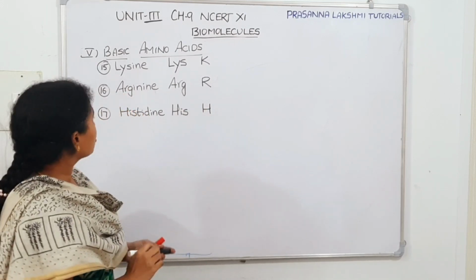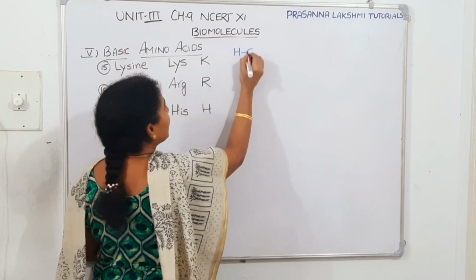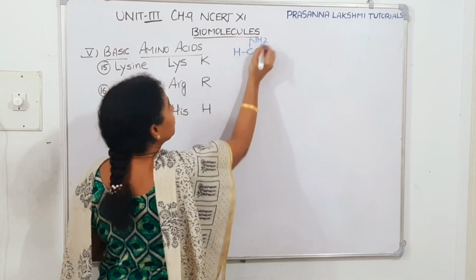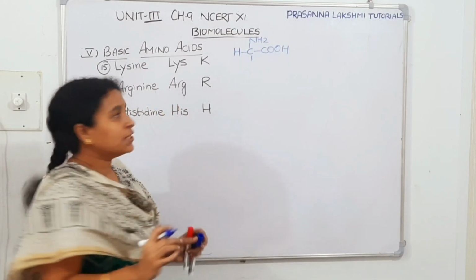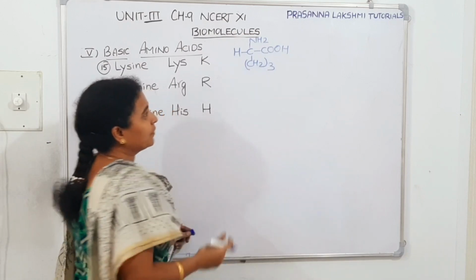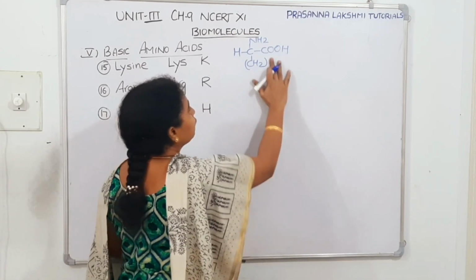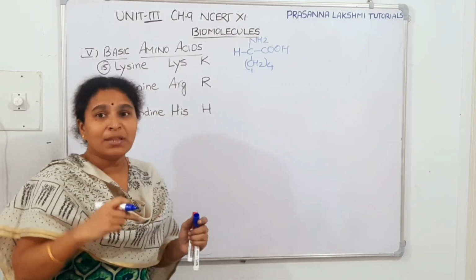Now coming to the structure of lysine, first draw the basic structure. Take the hydrogen, take the amino group, take the carboxylic group, add 4 CH2 groups, so I'll write CH2 to the power 4. Since it's a basic amino acid, it will have more than one amino group.